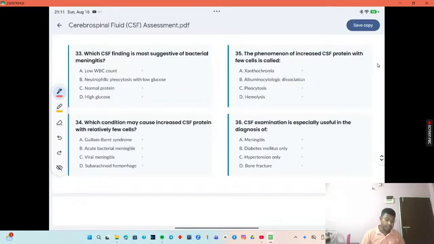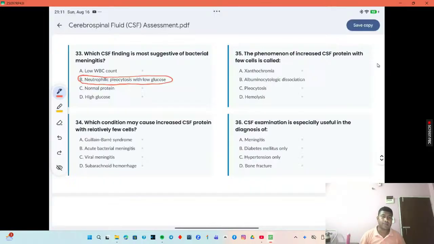The right answer will be neutrophilic pleocytosis with low glucose, because neutrophils are a type of white blood cell which help protect us from bacterial infection. Is it clear to you? So, the CSF finding most suggestive of bacterial meningitis is neutrophilic pleocytosis with low glucose.